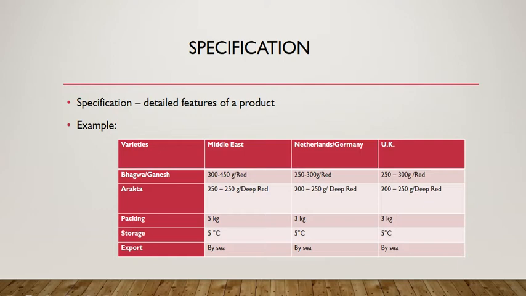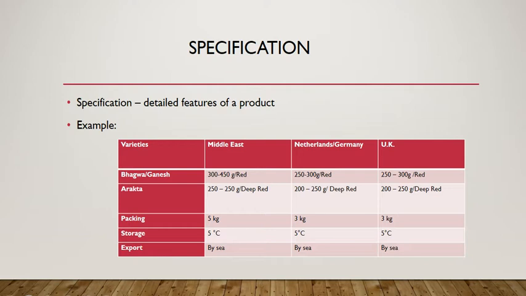So the weight of the product, packaging and the color of the fruit are considered as the main specifications, and it varies from country to country's requirement. If we take the Middle East, 300 to 450 grams of weight should be maintained for a fruit.